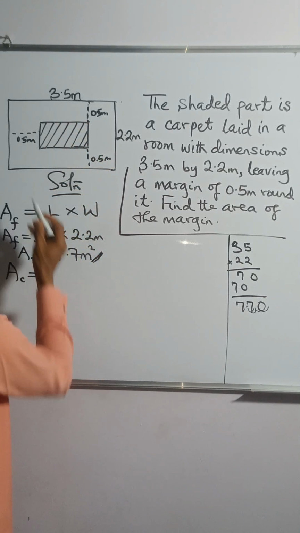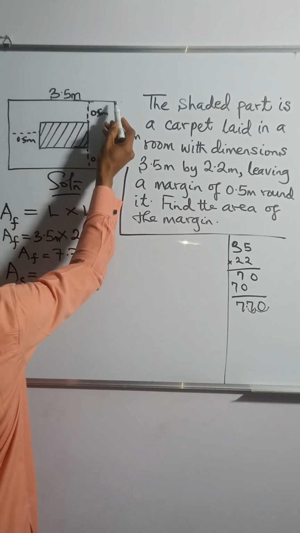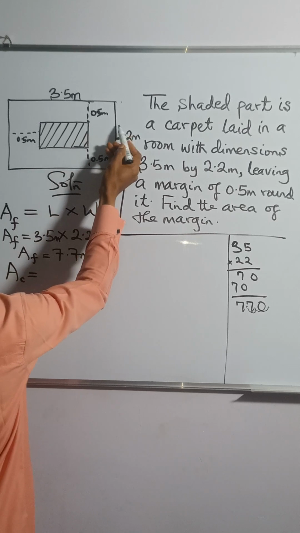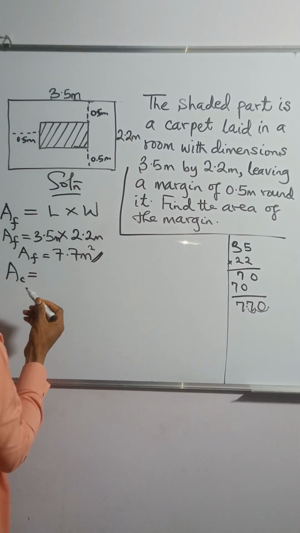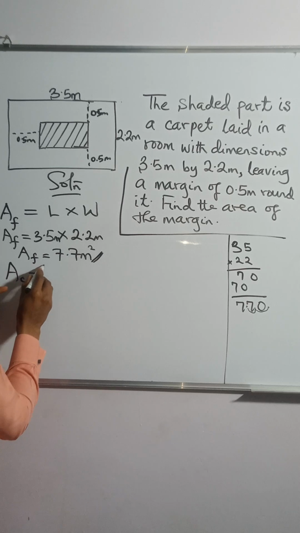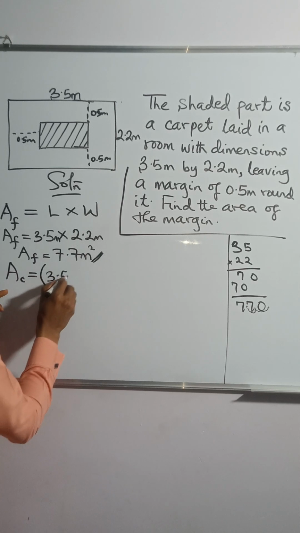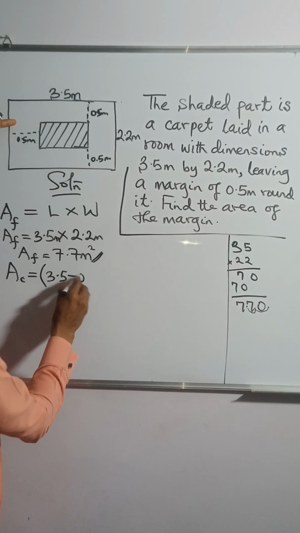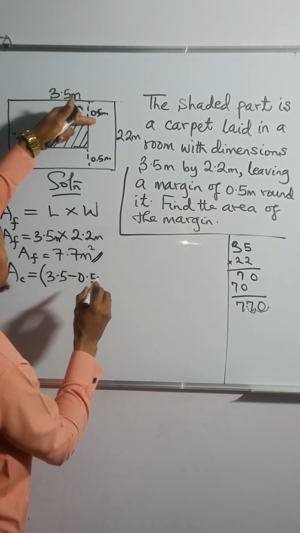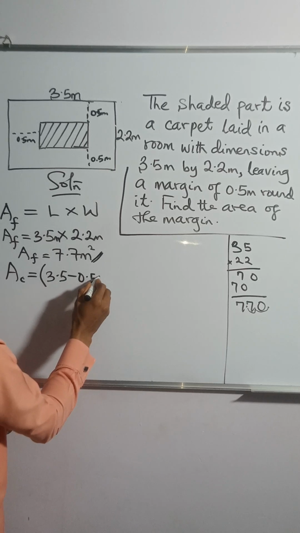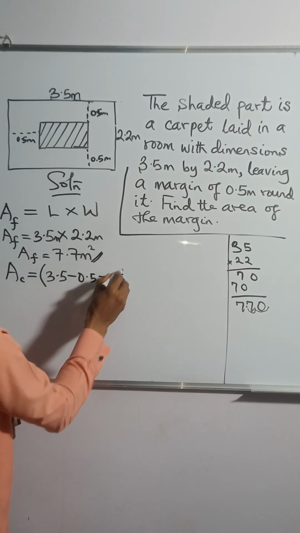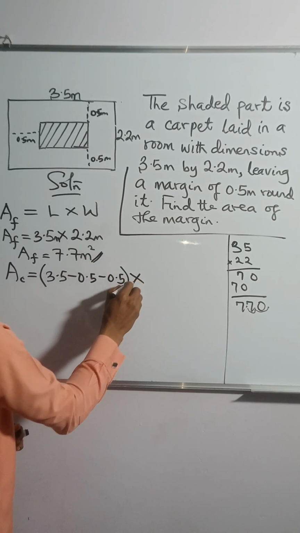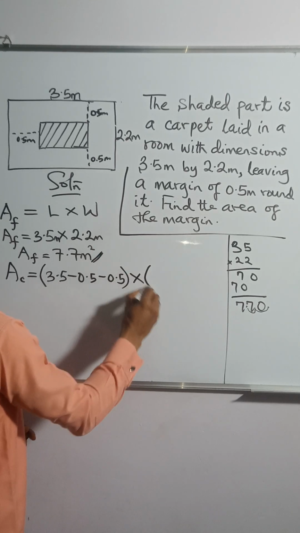So the length is going to be length of this floor minus the margin left here minus the margin left at this place. So it's going to be 3.5 minus, from here it leaves 0.5, at here it leaves 0.5. So minus 0.5 minus 0.5, that is the length, multiplied by the width.